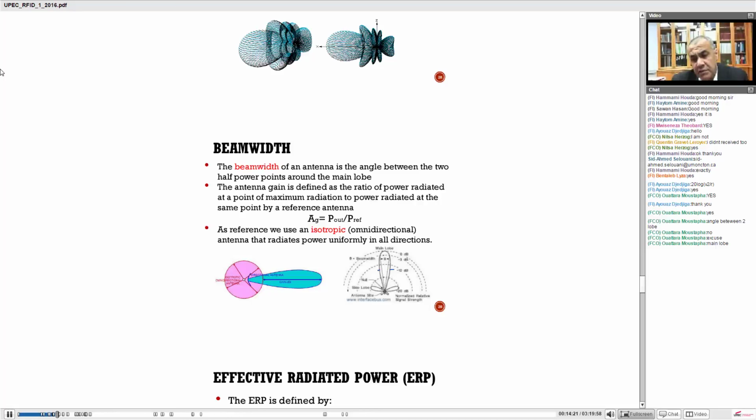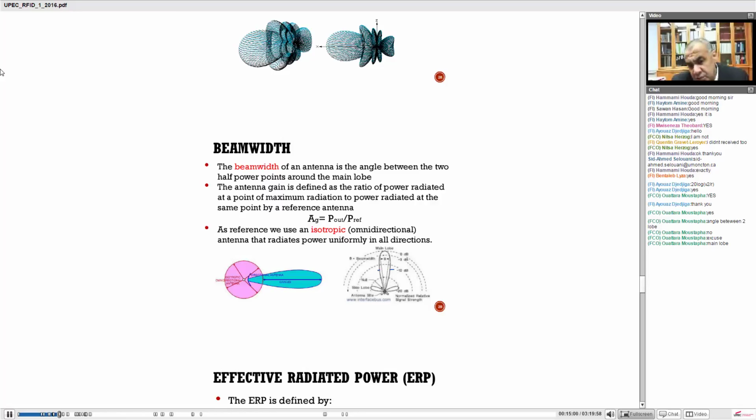You do not calculate it manually. But you have to understand it. This angle gives you an idea about the directivity of the antenna. If it is narrow, it means it's very directive, and you have a lot of power in one direction. And if the theta is big, it means that you will be close to the isotropic antenna, because the maximum of theta is 360, so it's a circle. But if you have a narrow theta, it means you are directive.